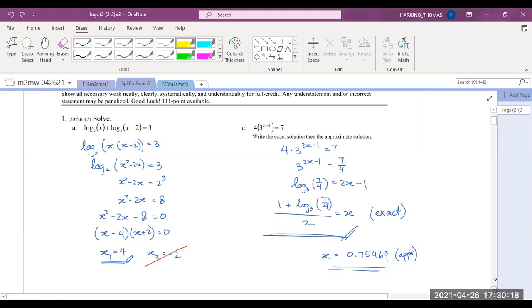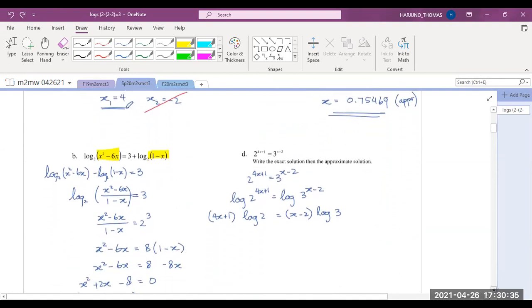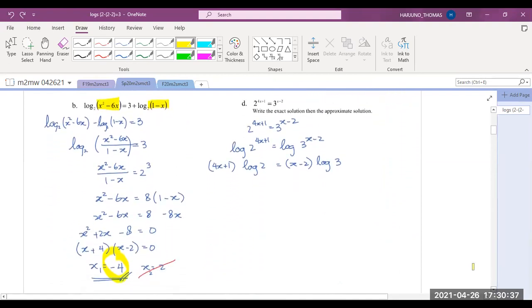Okay, it's not about that it is a negative number, but about what that negative number is doing in the argument. Okay, it's not about who you are, but about what you do.